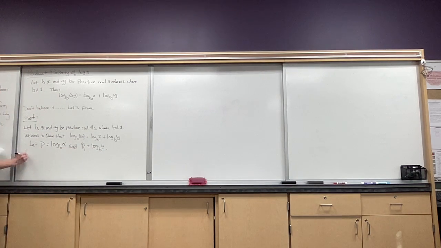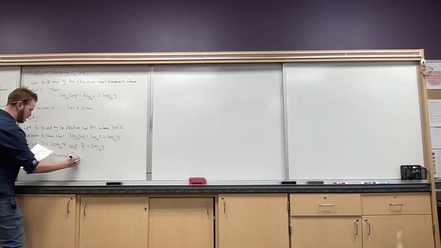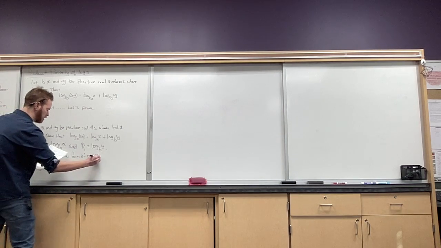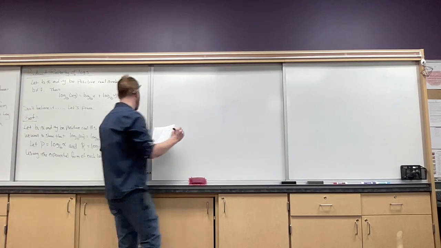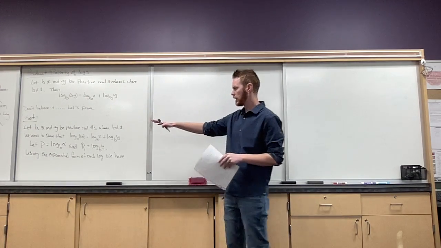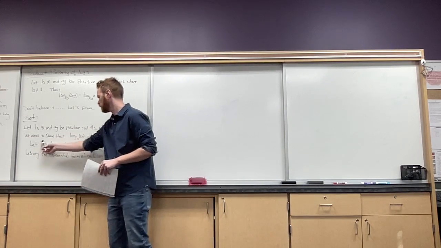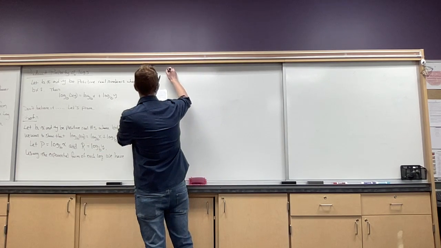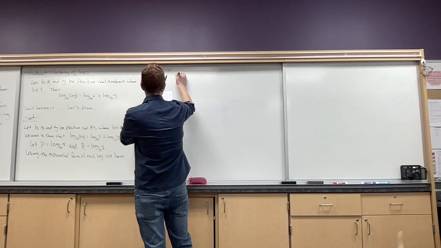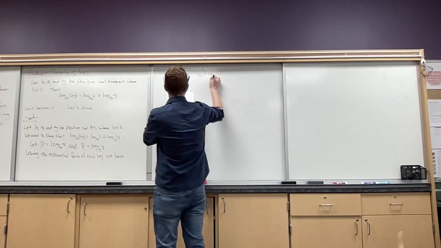Now, using the exponential form of each log, we have, okay, so if you look at my variables I defined, I'm going to rewrite this in its exponential form, and this guy in its exponential form. So here's what it's going to look like then. We're going to have b raised to the p power equals x, and b to the r equals y.